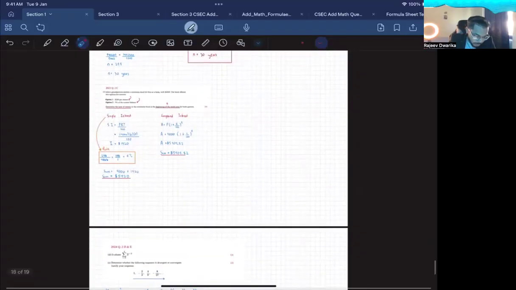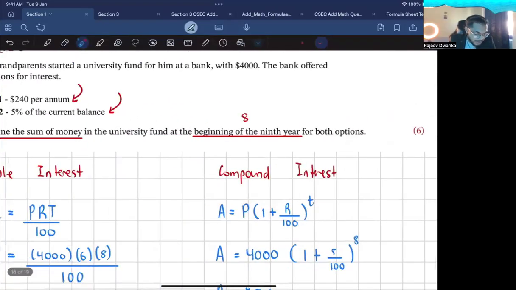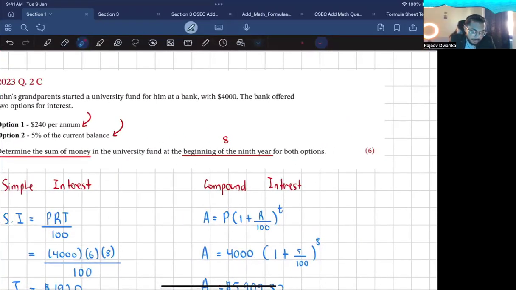So in this question, they are saying, what is the sum of money in the university fund at the beginning of the 9th year? At the beginning of the 9th year, it's going to have the same amount as it had in the 8th year, because it just got the investment from the 8th year. You understand? Yeah, I understand. So that was the trick in this question.